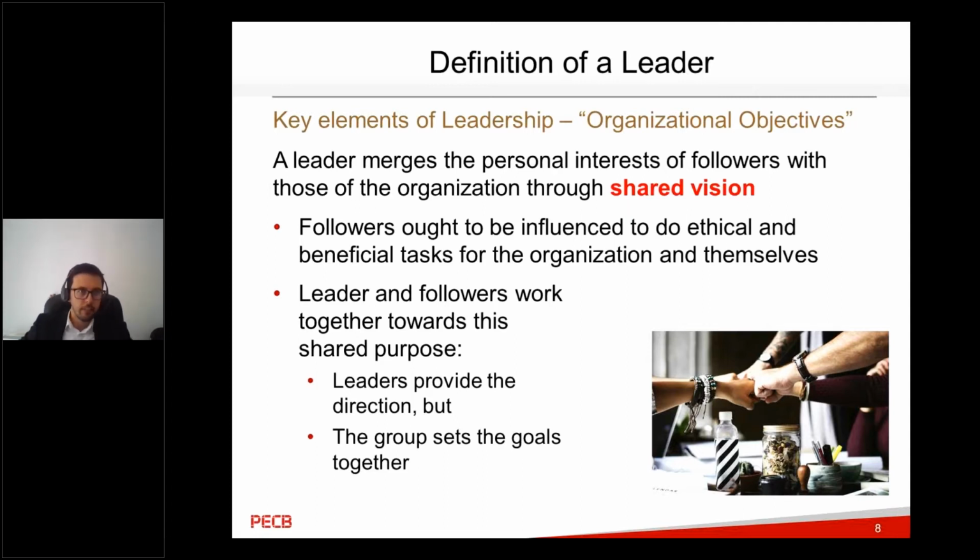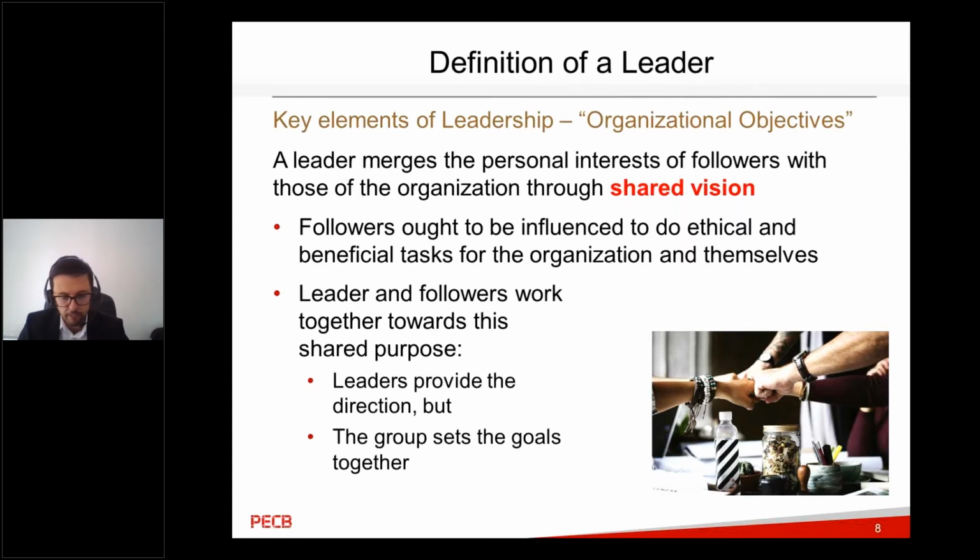And we ought to understand that leaders need to provide a direction, but the group is the one who should provide the goals. By being a team player, we can arrive at better and more informed decisions, ones that involve the people, which means that the level of engagement and commitment will be much higher, as will the enthusiasm of people.